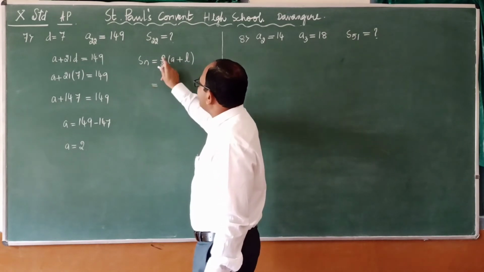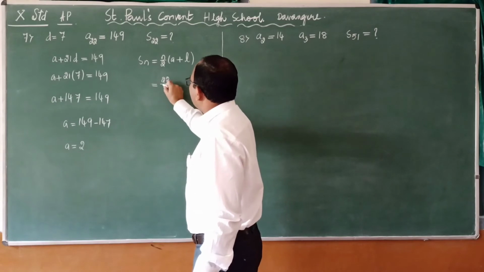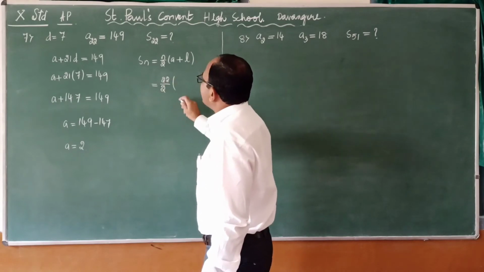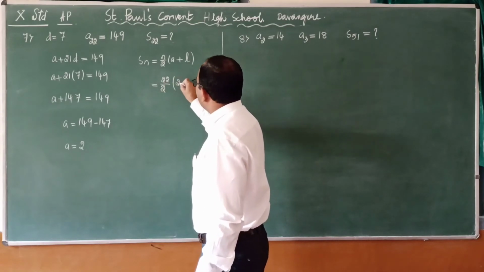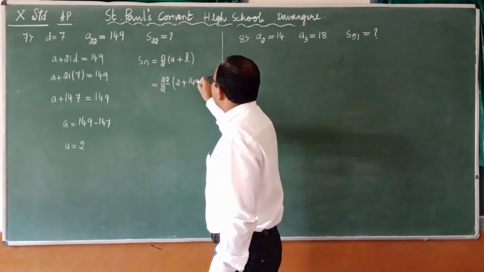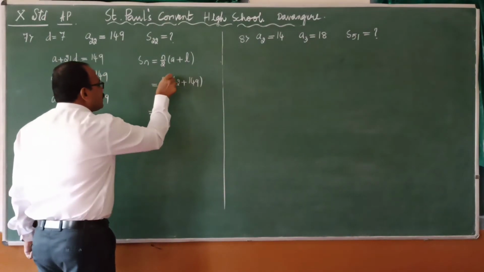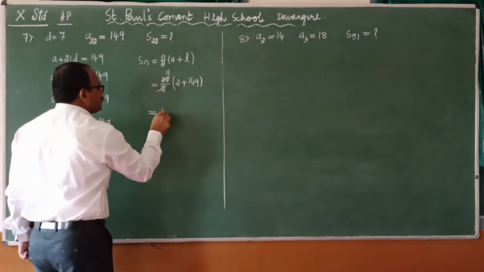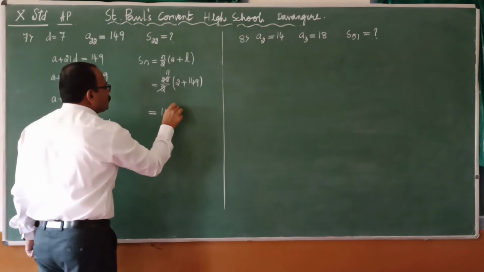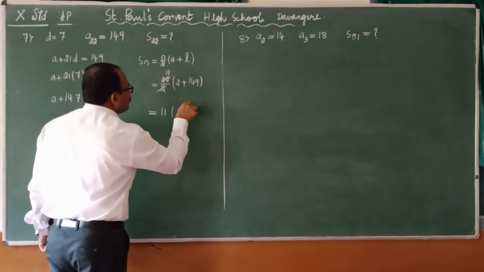Therefore, 22 by 2 into (a, which is 2, plus l, which is 149). 22 by 2 is 11 times, children. 11 into 151.